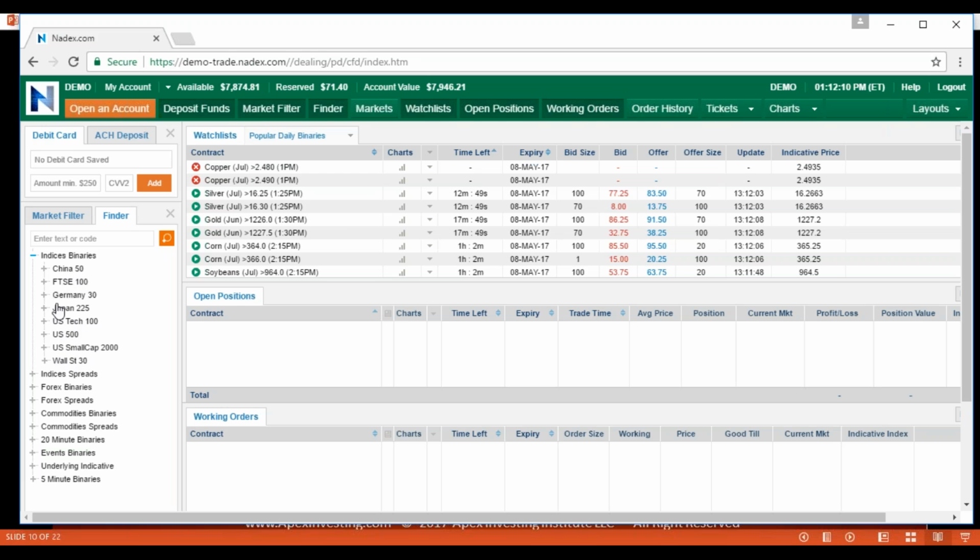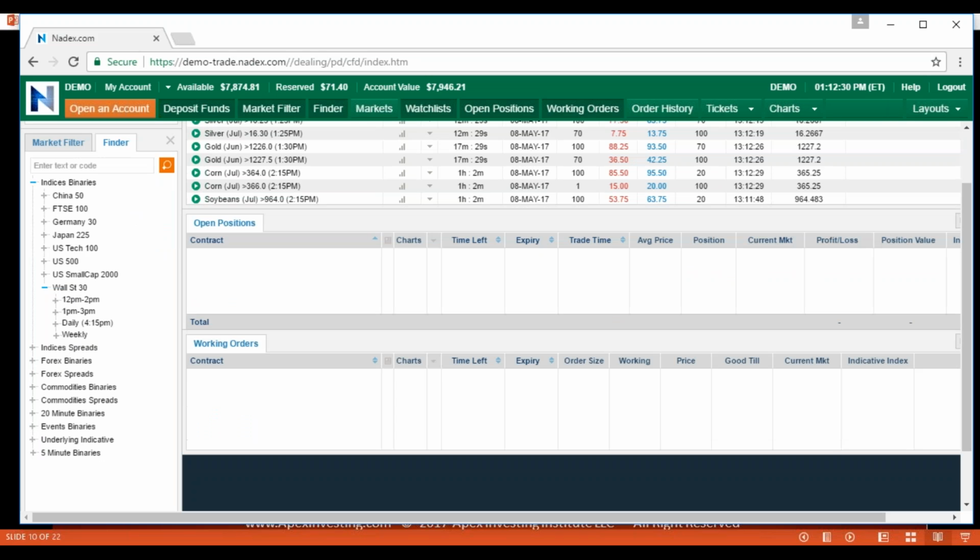You've also got international indices here: China 50, the London FTSE, the German DAX, and the Nikkei. So you've got different stock indices there that you can trade derivative binaries on.